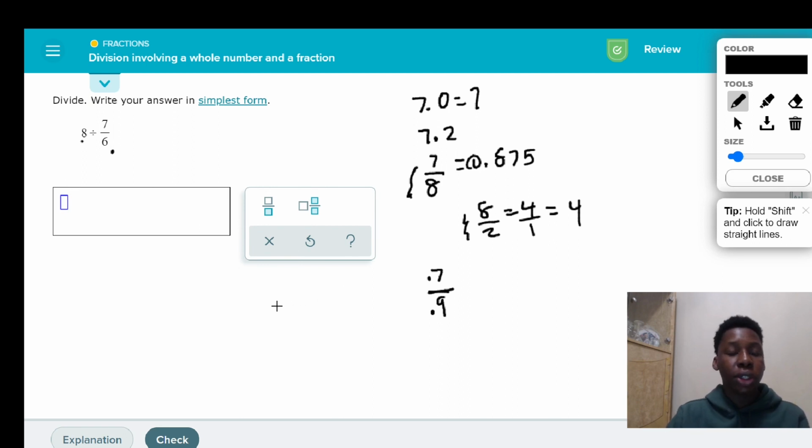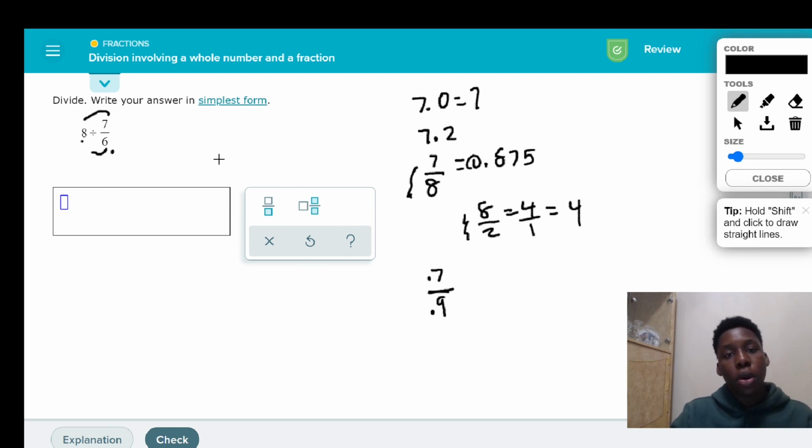So based on that knowledge, let's come to this example. This example says divide and then write your answer in its simplest form. When you see simplest form, that basically means you have to divide whatever question you're being given until the top part and the bottom part have no number common between them, right?